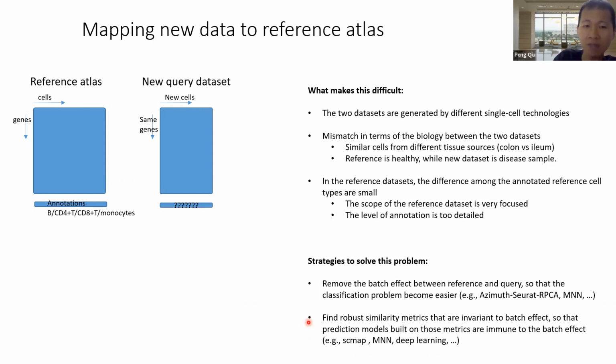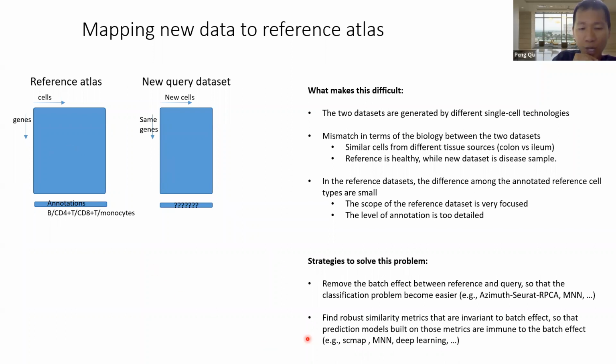If we can find such an invariant similarity metric, then we can use it to find connections between these two data sets, which cells here correspond to which cells here.